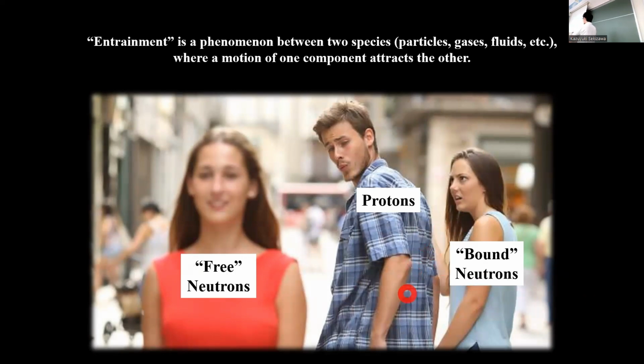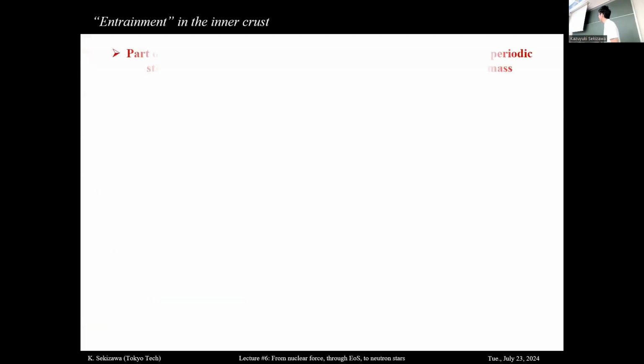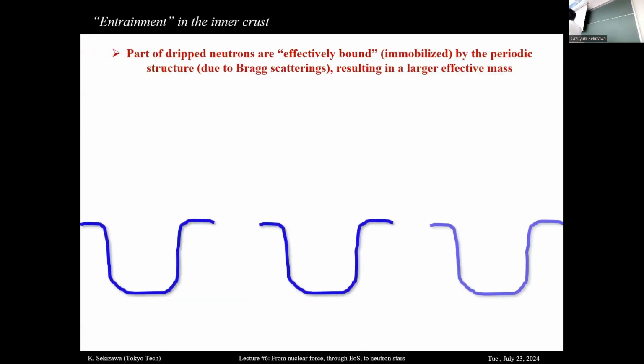So those are nuclei or some particle structure. So this is due to the attraction of protons and neutrons. And actually, in the inner crust, we have drift free neutrons, which are actually in the superfluid phase. And these free neutrons actually affect the clusters through the band structure. So this is the situation. So here I depict the entrainment effect in the inner crust.